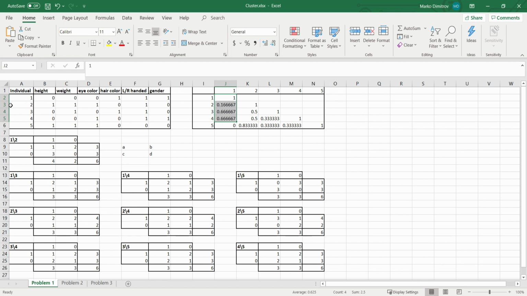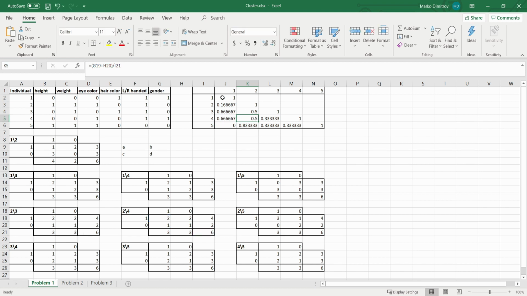For individual 2 and individual 4, we find the table, and we go 2 plus 1, so it's 3 divided by 6, and then we need to find it here. So it would be here, and for the opposite, we get the same as we just mentioned.